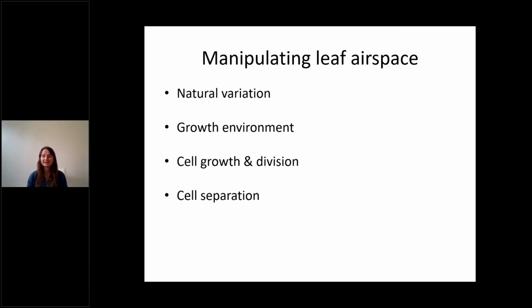Cell separation is another really tricky one to get a handle on. This is something that I really tried to look at during my PhD, but it was really challenging to find mutants that specifically affected cell separation without having lots of other confounding effects. And that is one problem with all of these approaches.